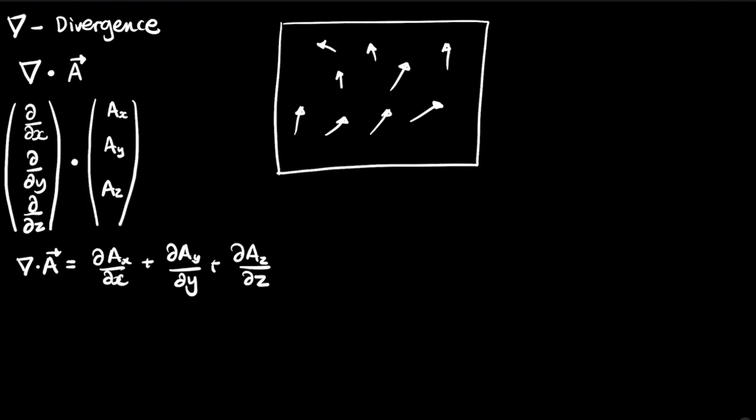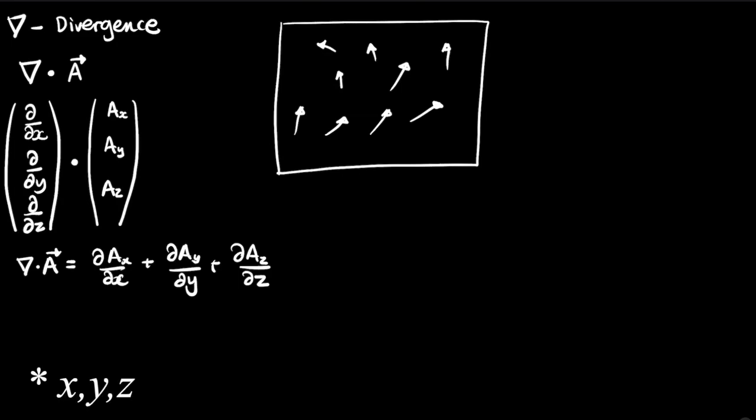As you can see, this quantity right here is a scalar, not a vector. Whenever you take the dot product of two vectors, you always return a scalar. And this right here is just the sum of three different scalars. Ax is simply a component of A, but it's not actually a vector in itself. It's just one of the scalar components of the vector A, which could in theory be a function of x.